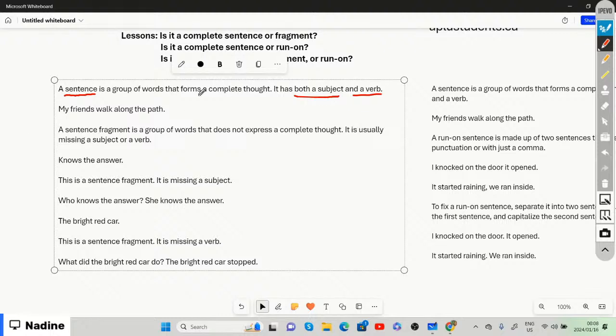And it expresses a complete thought because it has a subject and a verb, meaning it has either the thing or the person that we are talking about, as well as the action that the thing or the person does. So that is basically a sentence that completes a complete thought.